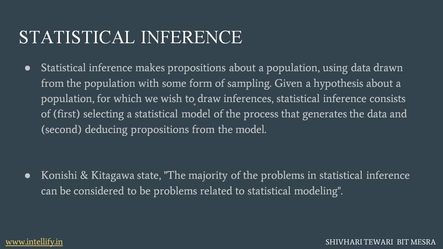So statistical inference makes propositions about a population. That means we have the population parameter that we have collected, and the data which we have drawn from that particular population. Like in the video on statistical hypothesis, we discussed a hospital administrator who predicts that the average stay of a patient in the hospital is not more than 5 days.